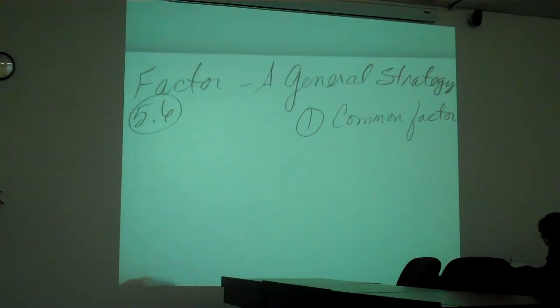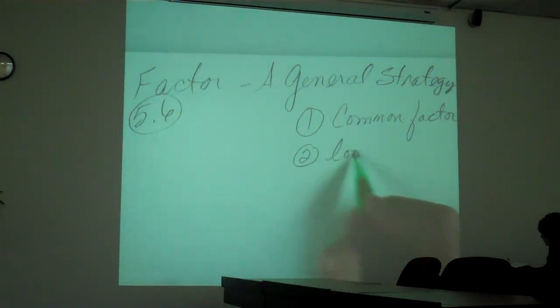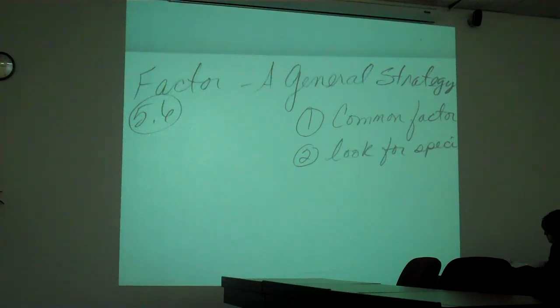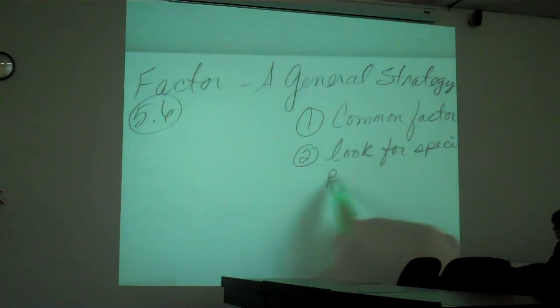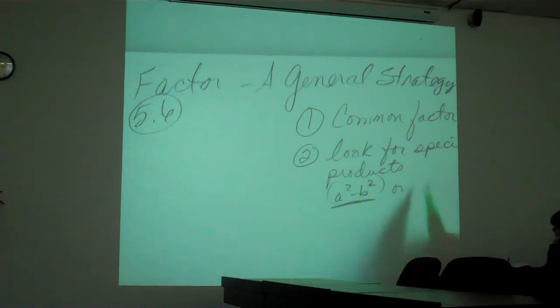And then you're going to look for the special, like difference of squares. Look for the special products, like a squared minus b squared, like that kind, or a minus b squared, or a plus b squared, those perfect ones that we've been doing.